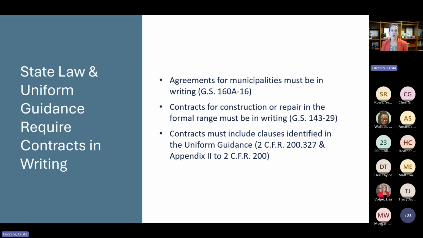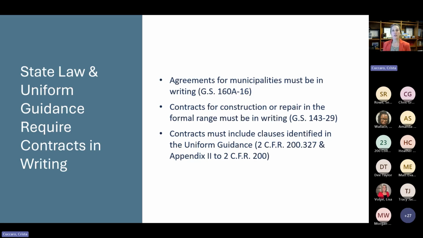Construction and repair contracts in the formal range have to be in writing. If we're talking about the purchase of goods, the Uniform Commercial Code, which is codified in our general statutes, requires contracts to be in writing for any purchase over $500, right? So we have a lot of state law requirements that lead us to putting our contracts in writing.